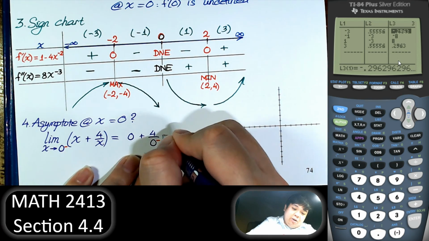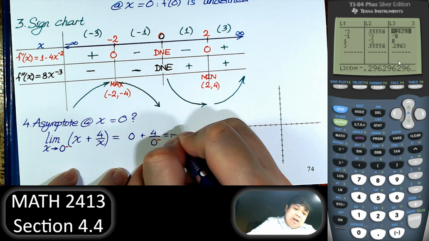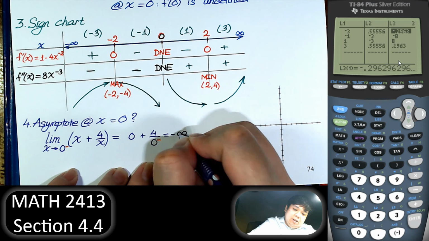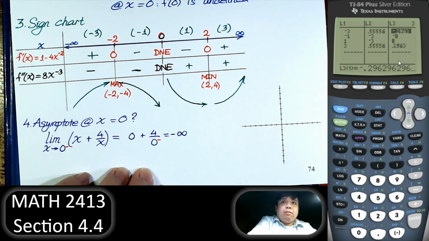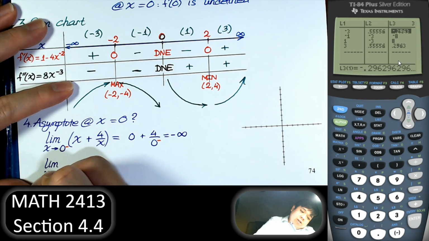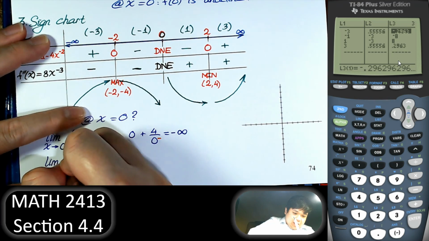That's going to be 0, and then 4 divided by something that goes to 0, so this will be negative infinity. And of course we can do the same thing for the limit when x goes to 0 from the right-hand side.